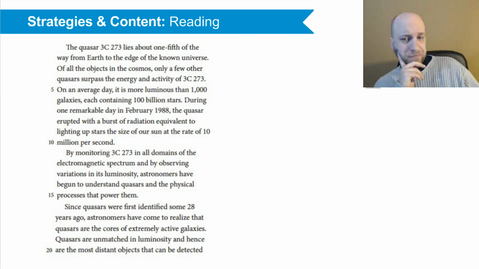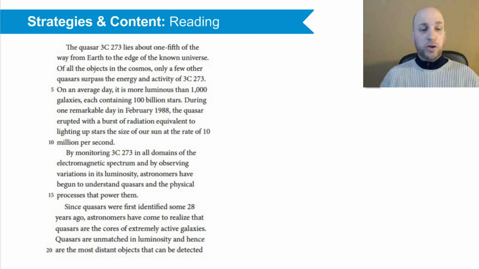Let's take a look. The quasar 3C273 lies about 1/5 of the way from Earth to the edge of the known universe. Stop. I'm pretty sure I know what they're going to talk about. This quasar 3C273. So now my mind's going, okay, what they're talking about. Why is this thing actually important?